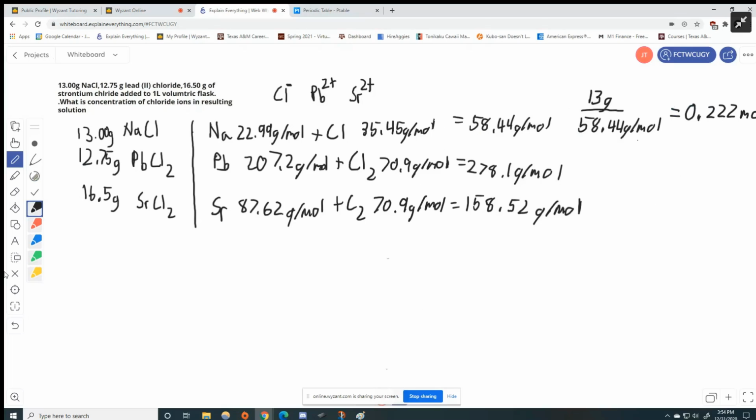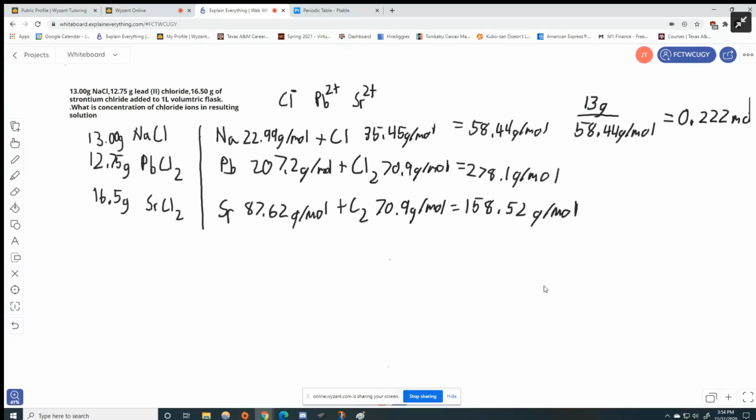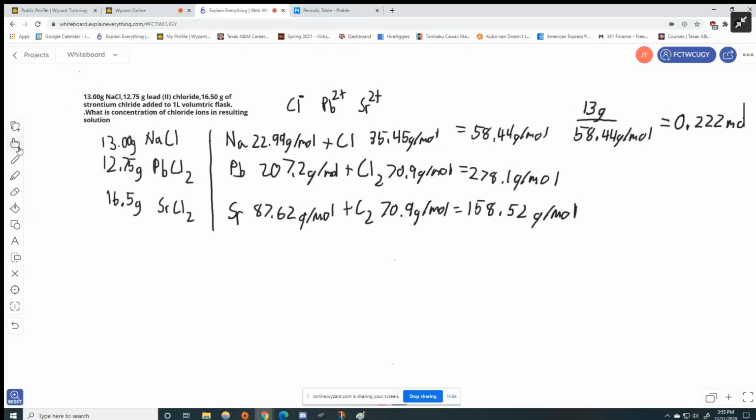Oh, sorry if you can't see that. Give me a second. Yeah, okay. 0.222 moles. If you do it for everything, again, 12.75 divided by 278.1, you will get 0.0458 moles.